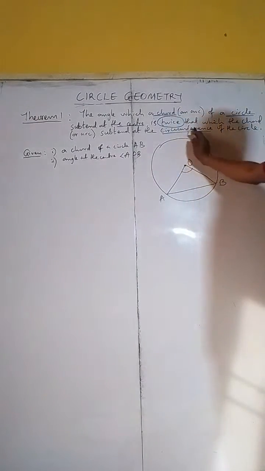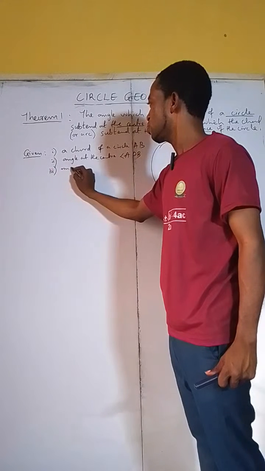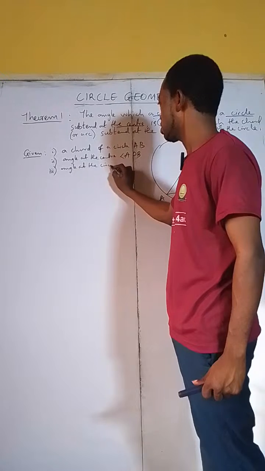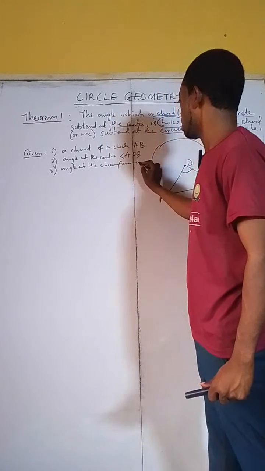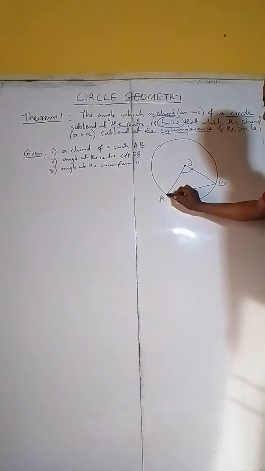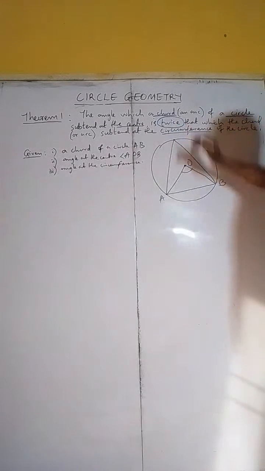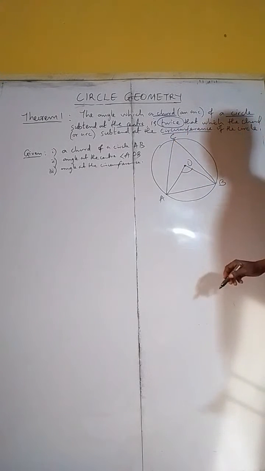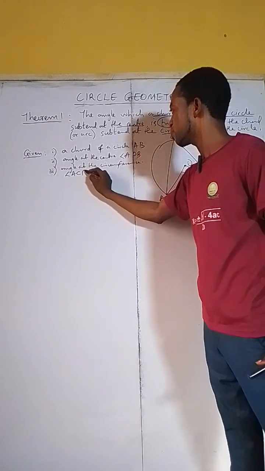Then also we have the angle at the circumference that is formed by the chord. So let's use this chord now to form an angle at the circumference here at the major segment. Let's call this point C here. That angle at the circumference is now angle ACB.